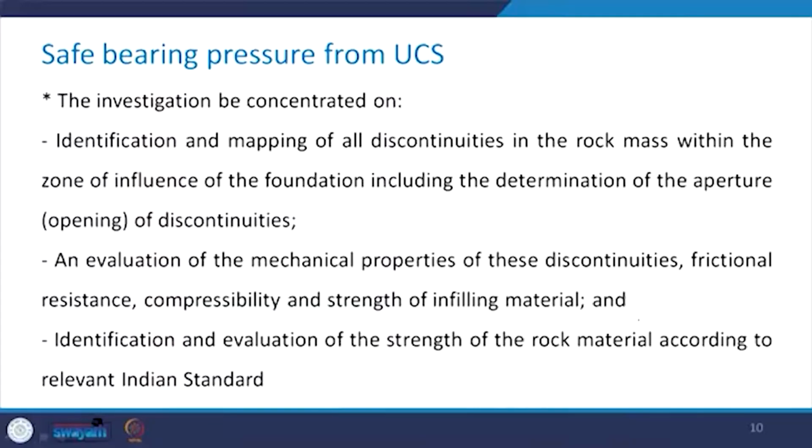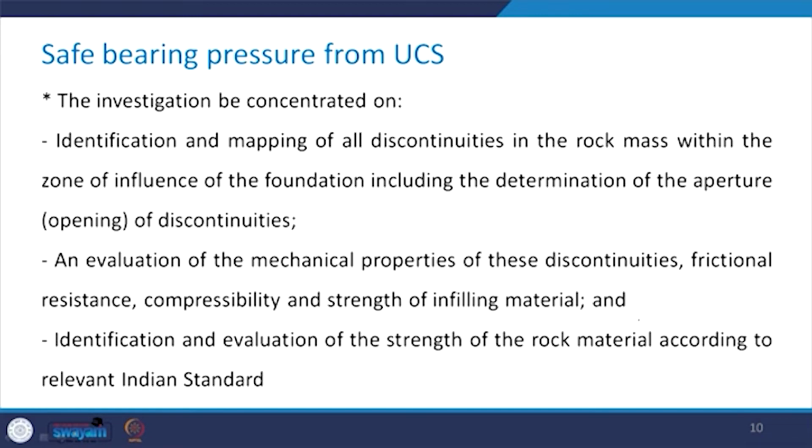So the investigation should be concentrated on the identification and mapping of all the discontinuities in the rock mass within the zone of influence of the foundation, including the determination of the aperture or the opening of discontinuities. Now how to determine what is going to be the zone of influence of the foundation?